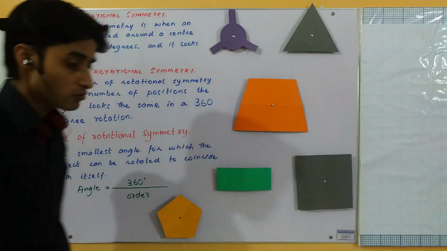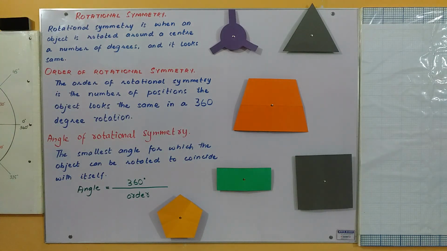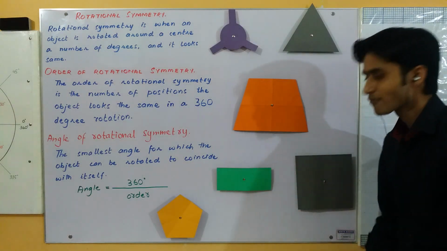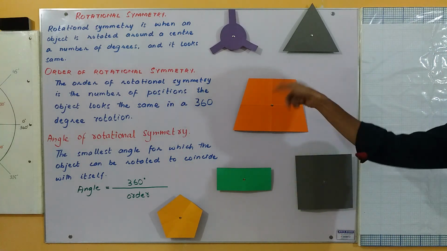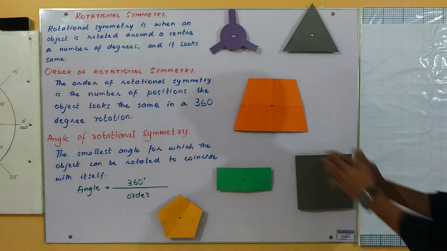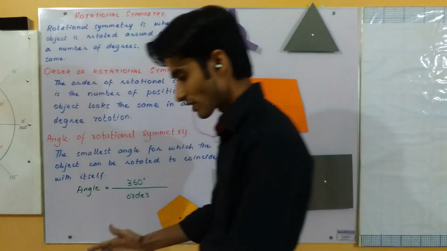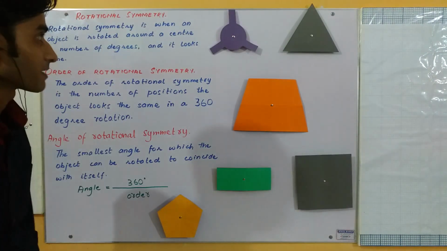I have mentioned these three definitions: rotational symmetry, order of rotational symmetry, and then angle of rotational symmetry. After I have discussed these three things, here I have a few shapes on the board which I am going to rotate and then tell you the number of times they appear the same as the beginning.